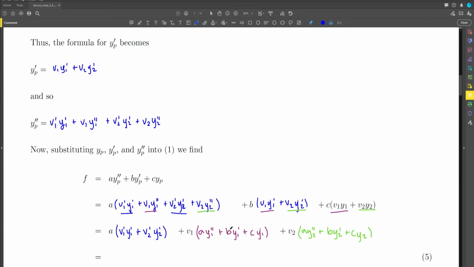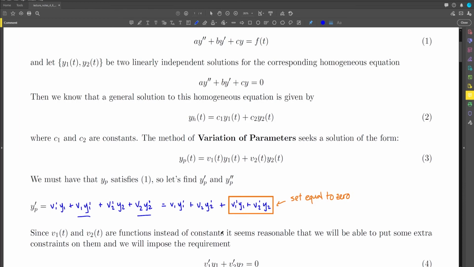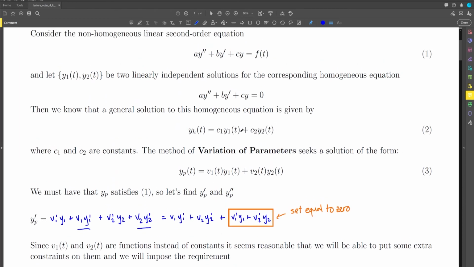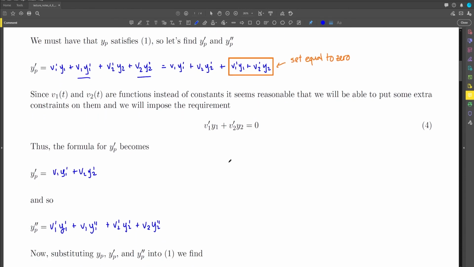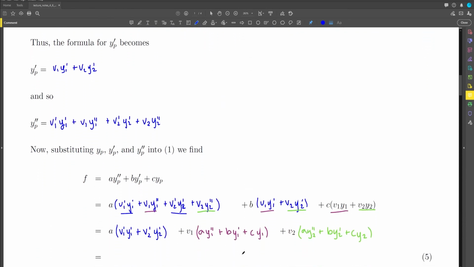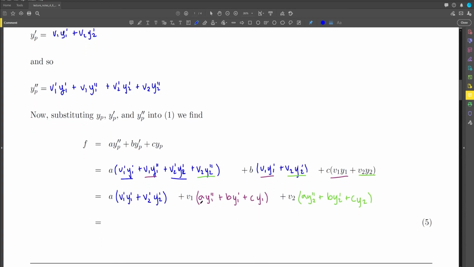Now, how did we choose y1 and y2? Remember that y1 and y2 were the solutions to the homogeneous equation. So in other words, if I plug in y1 into this differential equation, I get 0. And note that that is exactly the differential equation here. So this is 0 and this is 0.